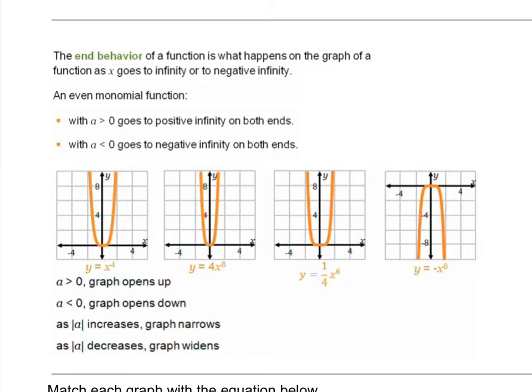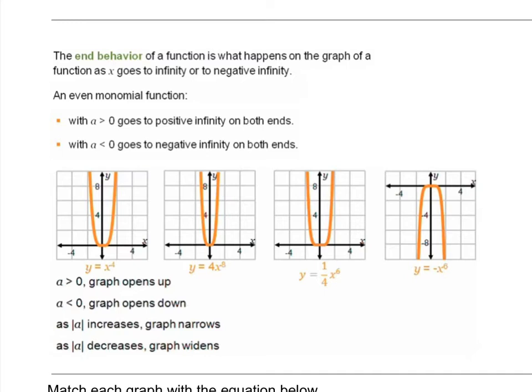Are they going up or are they going down? Are they getting bigger, are they getting smaller? And so what we know is, an even monomial function with a greater than 0 goes to positive infinity on both ends. With a less than 0 it goes to negative infinity on both ends.